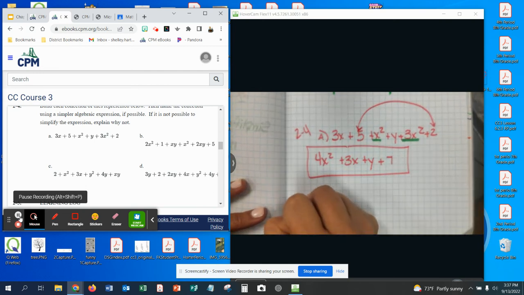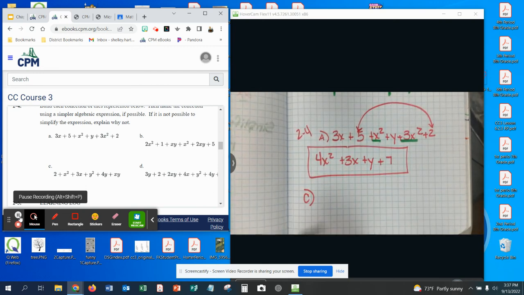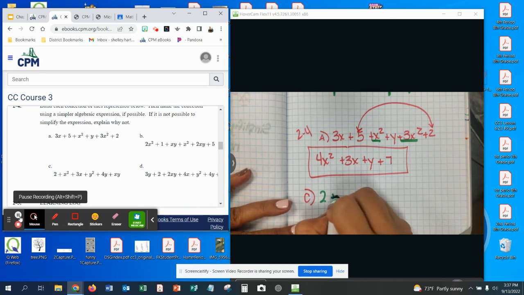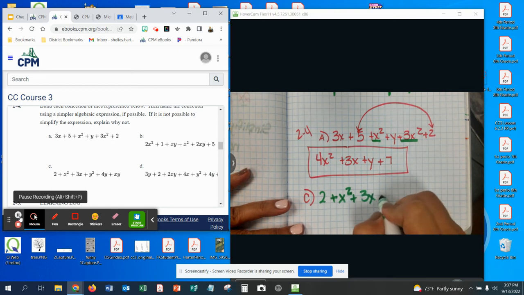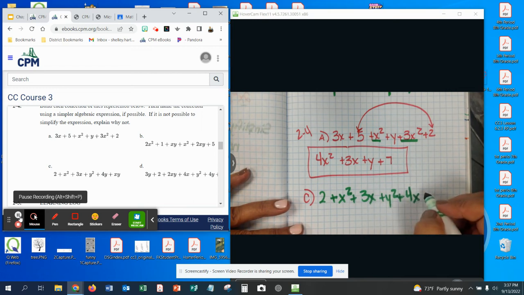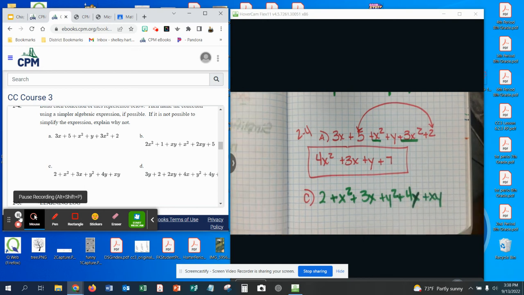Let's do C. Now we have 2 plus x squared plus 3x plus y squared plus 4x, 4y, plus xy. Now, let's combine like terms. What are our like terms?